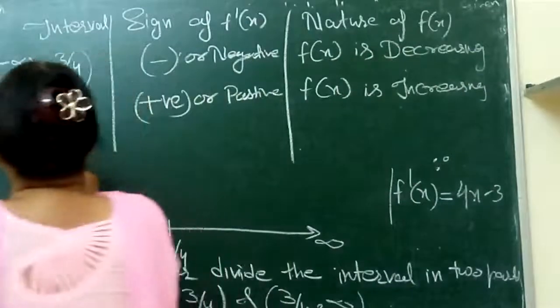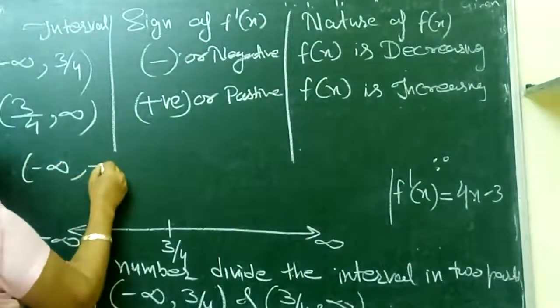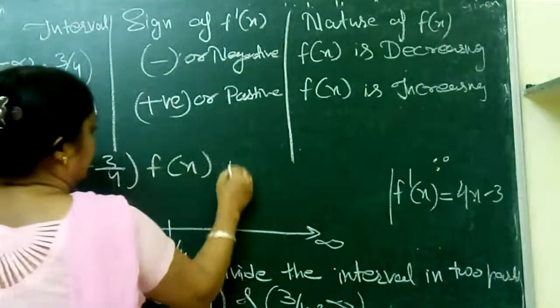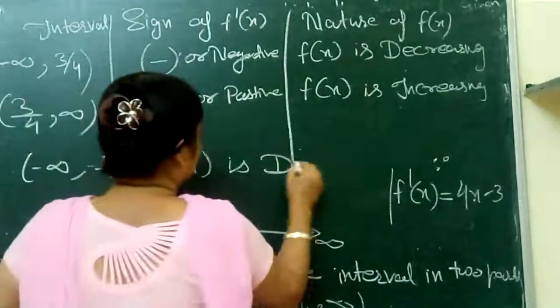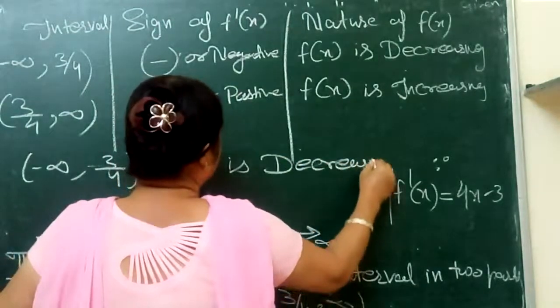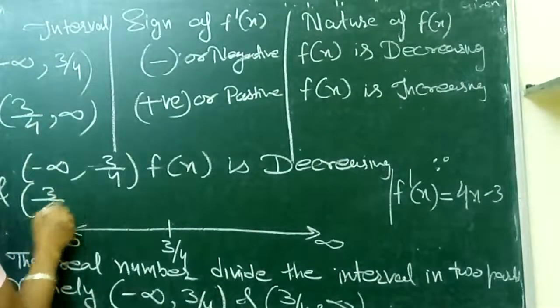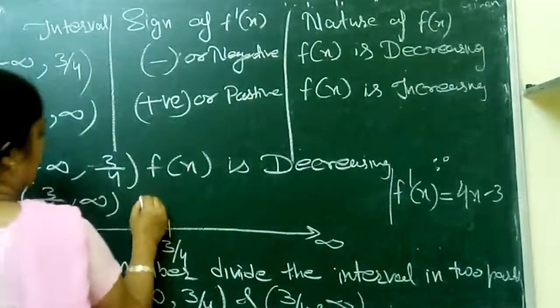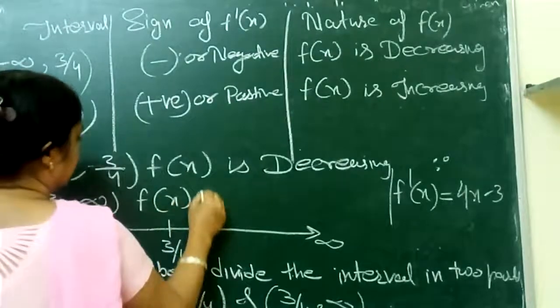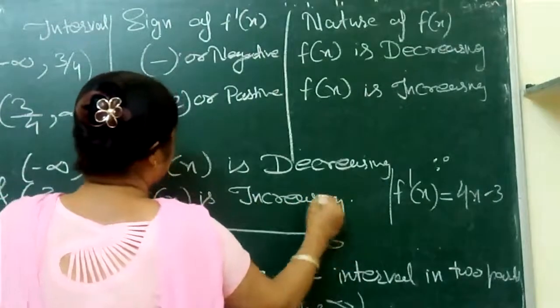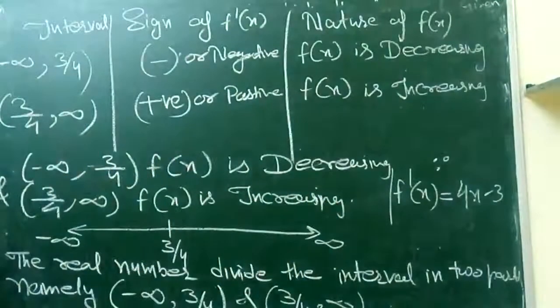It means minus infinity to 3 by 4, f of x is decreasing, and in the interval 3 by 4 to infinity, f of x is increasing. So this is the required interval of this question. In this way we can find out the interval.